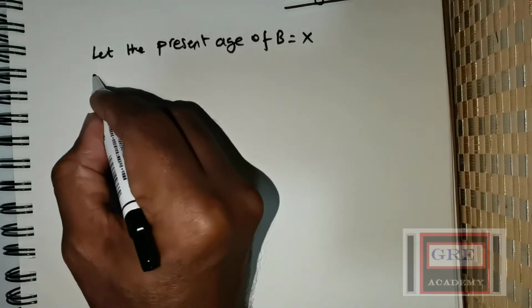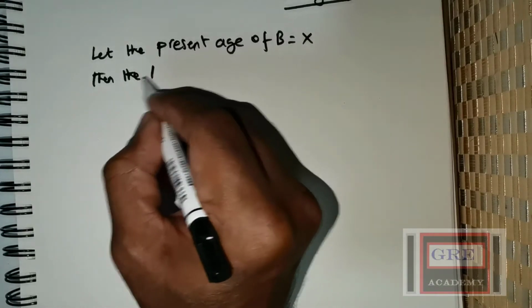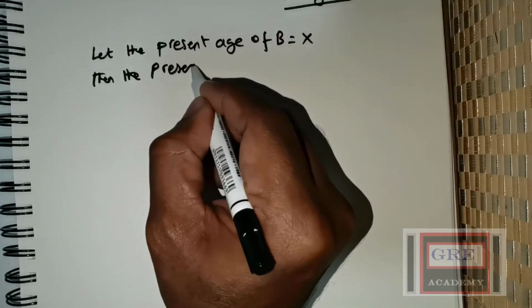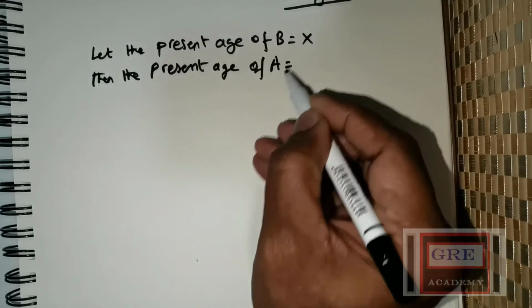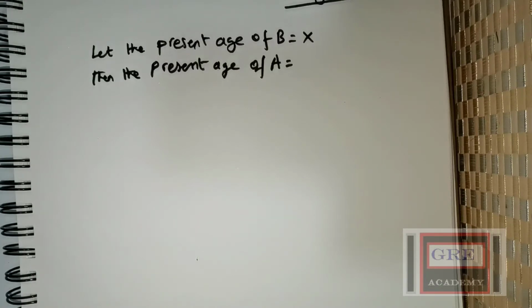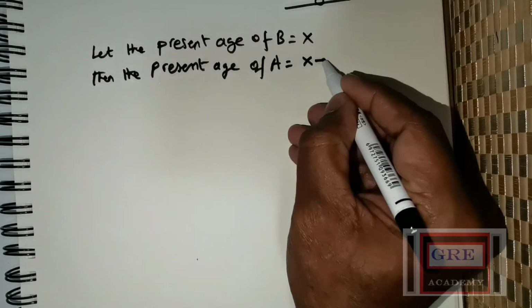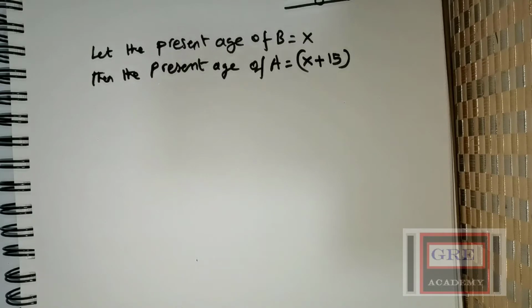Now the present age of A, it clearly says A is now 15 years older than B. So that means this will be the present age of A.